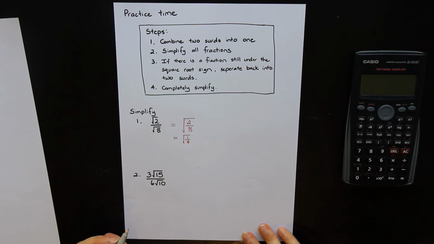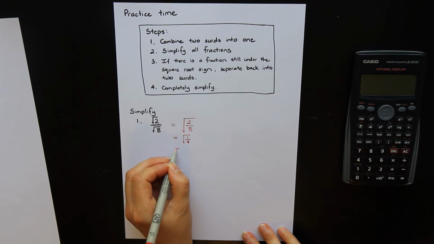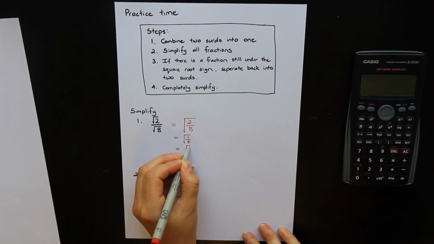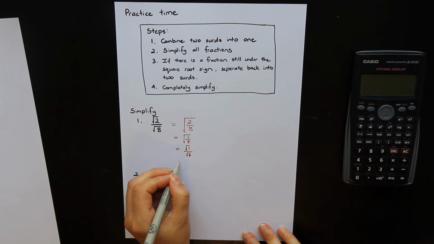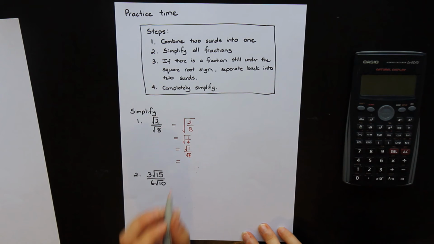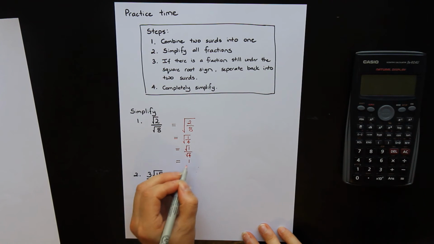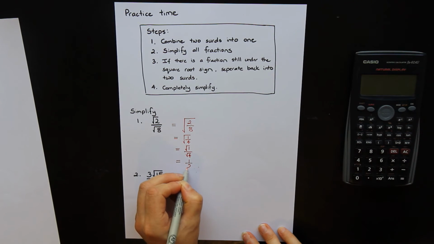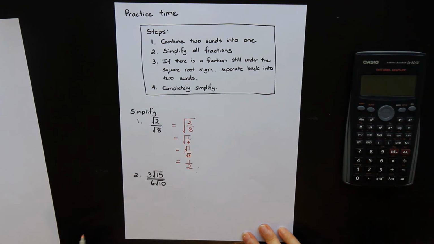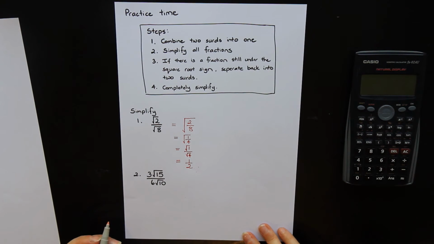Now I still have a fraction, so that means I want to separate it again. Square root of 1 over square root of 4. Now both of those can be simplified. The square root of 1 is 1 and the square root of 4 is 2. So this horrible thing here actually becomes a very nice answer, half. Hopefully you got that.